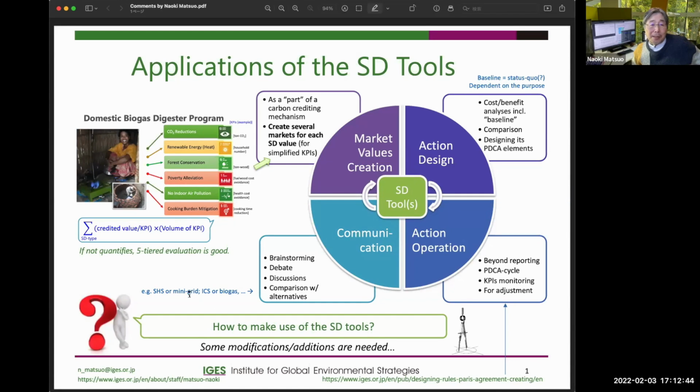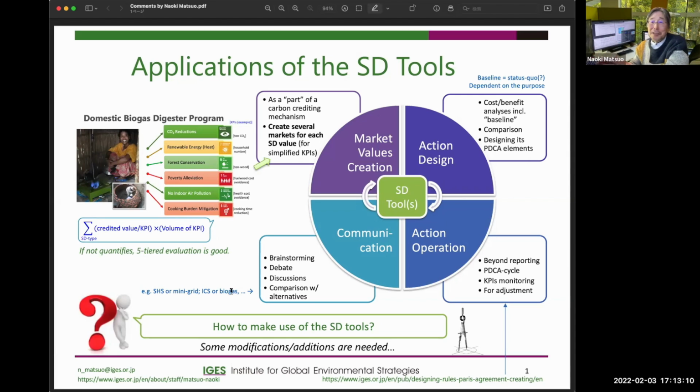For example, let me take a look at the examples. In order to electrify the rural areas and the off-grid rural areas, we have the option of solar home systems, as well as the mini-grid. Both are good, but which is better? That's the kind of question. And ICS, improved cookstove, and domestic biogas digesters, both are good.